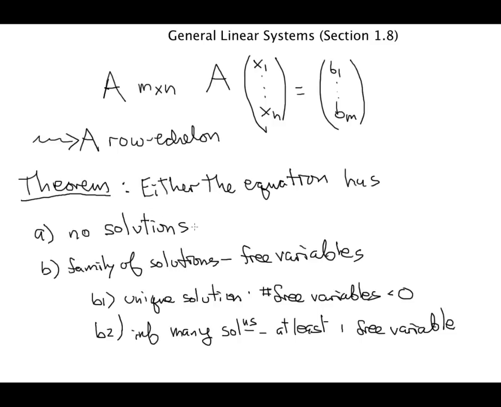Are there any solutions at all? And then if there are any solutions, the number of them is controlled by the number of free variables, which is to say the rank of the matrix. Well, it's related to the rank of the matrix, and there's either exactly one solution or infinitely many.